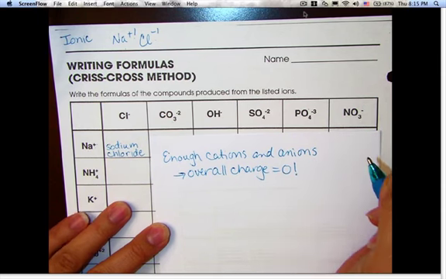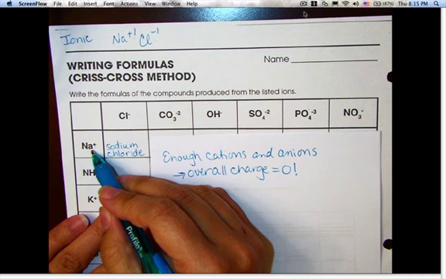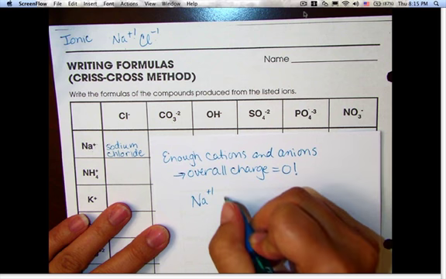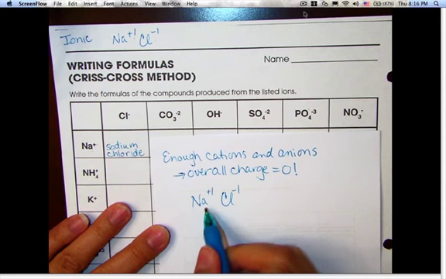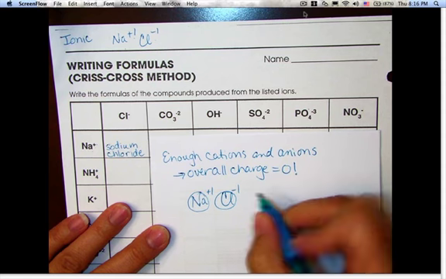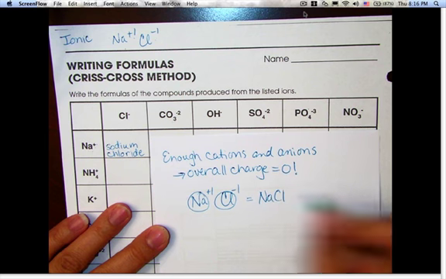We want a net neutral charge. So on my first one, if I put together sodium from this side with chlorine from this side, well, sodium has +1 charge and chlorine has -1, so it really only takes one of these to cancel out one of these in their charge, so one of each would equal 0. So I would just make NaCl for that formula.